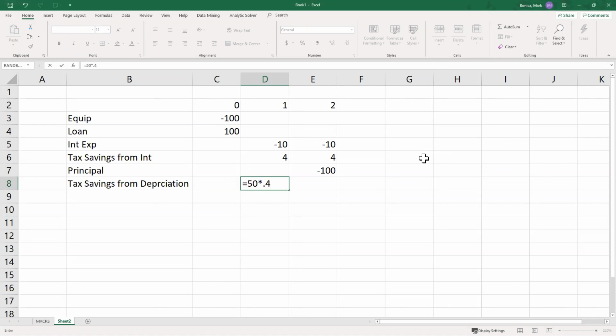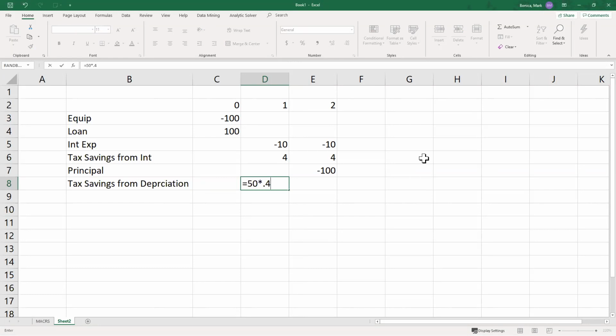So we have a depreciation shield, which is equal to the amount of depreciation times the tax rate. Our taxes are reduced by the amount of depreciation. Why? Because remember, if we made, say, $100,000 and we had $50,000 in depreciation, the $50,000 in depreciation is an expense.